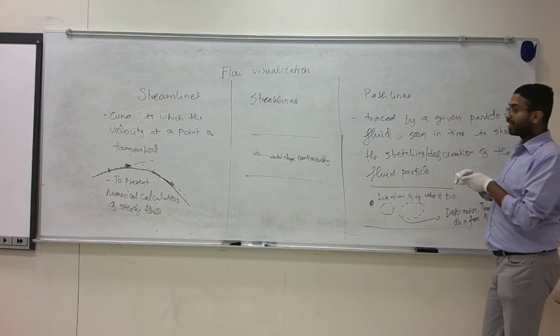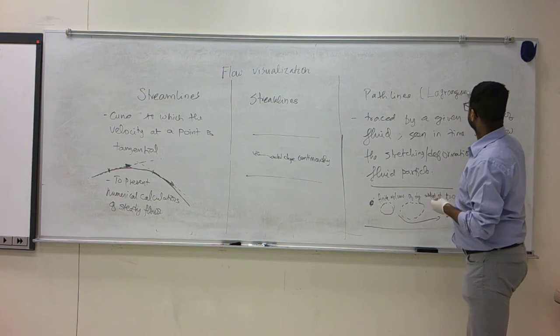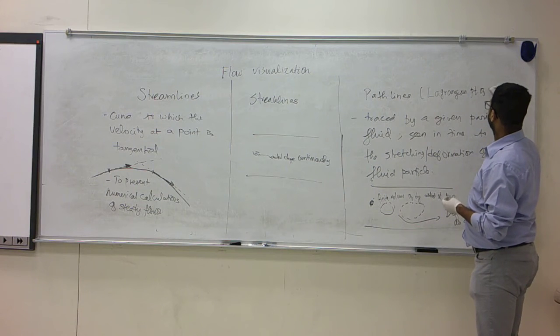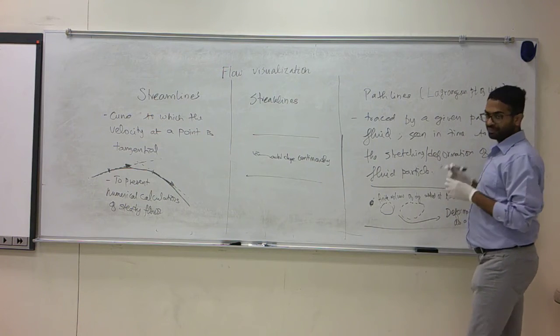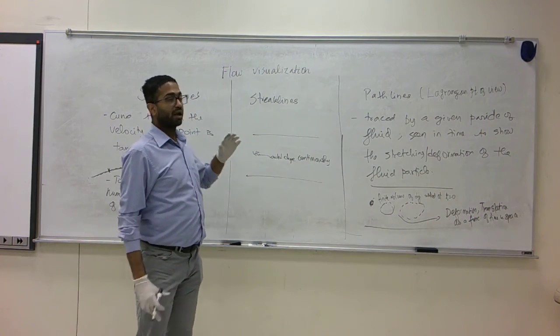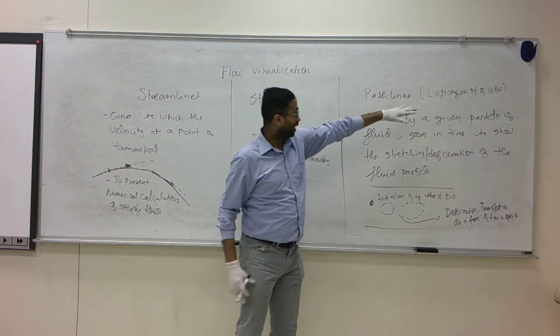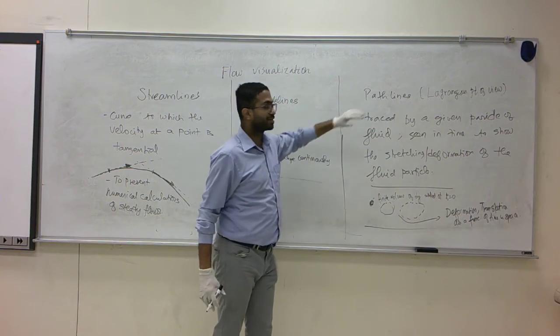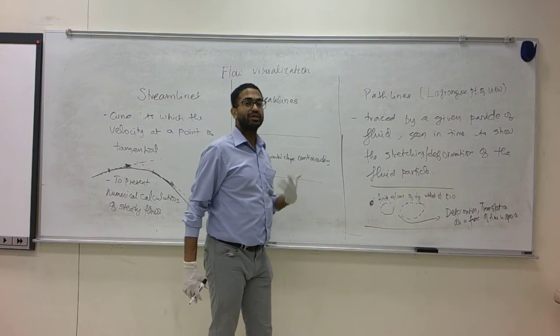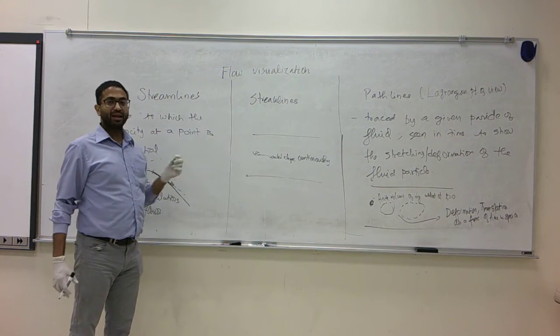So this path line is a concept that is well aligned with the Lagrangian point of view. That is, if you want to tag a set of particles and call them a fluid particle and observe their dynamics as they go through the flow, that would be the Lagrangian approach, and path lines are a tool to do exactly that.